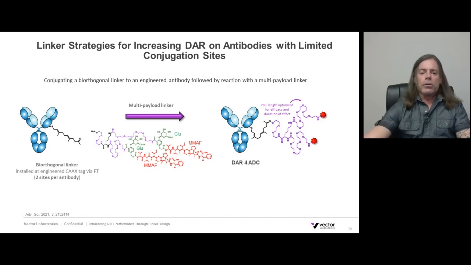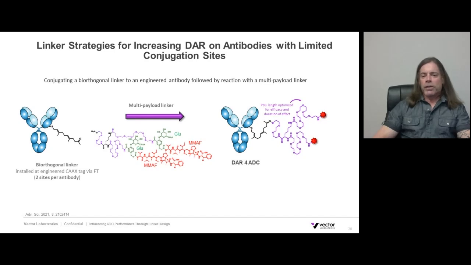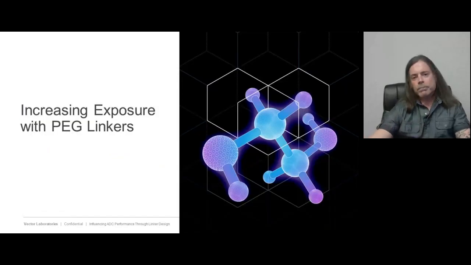Now you can use this multi-payload linker with the oxime chemistry and do your bioorthogonal oxime ligation. And again, you can end up with a DAR4 ADC with 2 payloads per conjugation site and no mention of issues with aggregation. So in this case, a branch linker design enabled them to increase the DAR of an antibody with limited conjugation sites by the use of these multi-payload linkers.